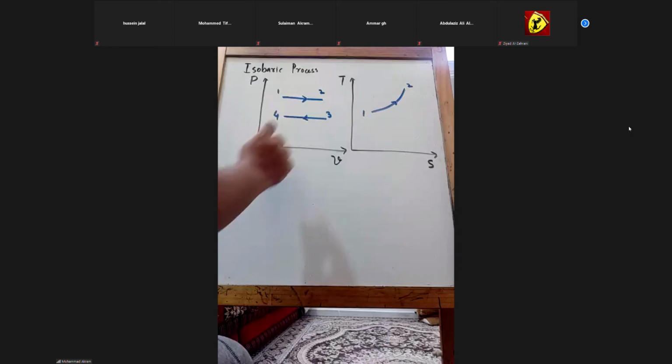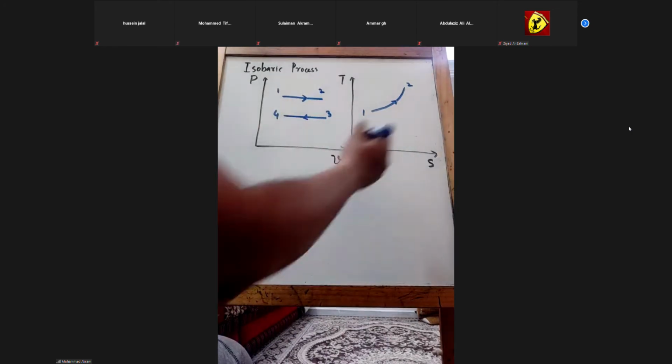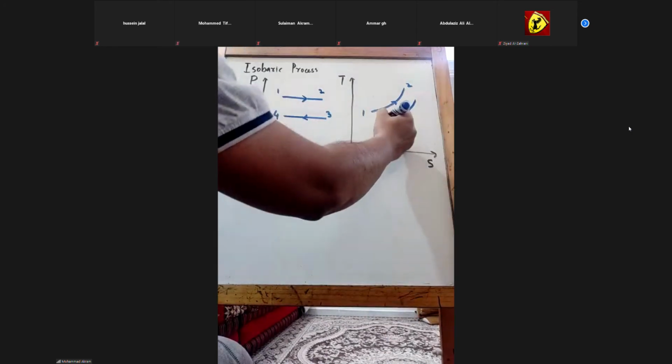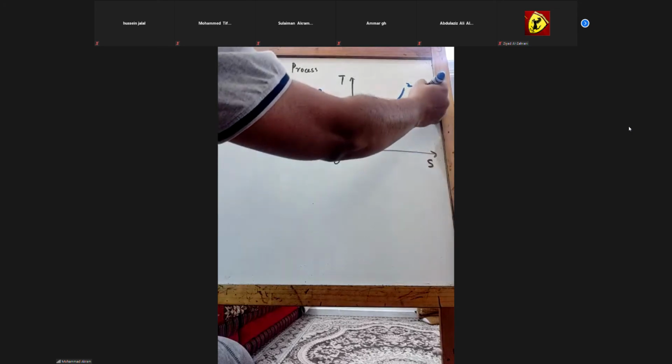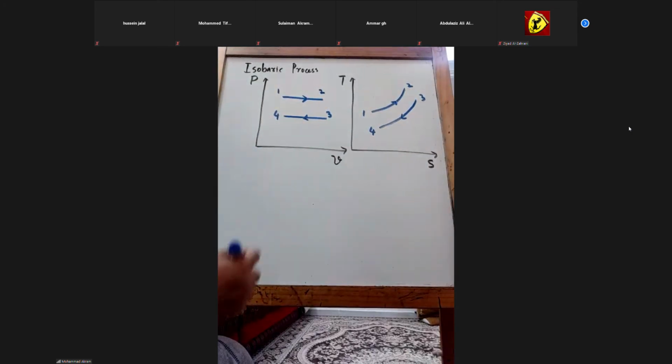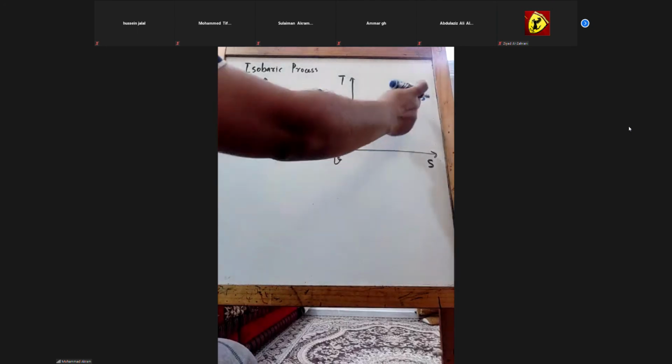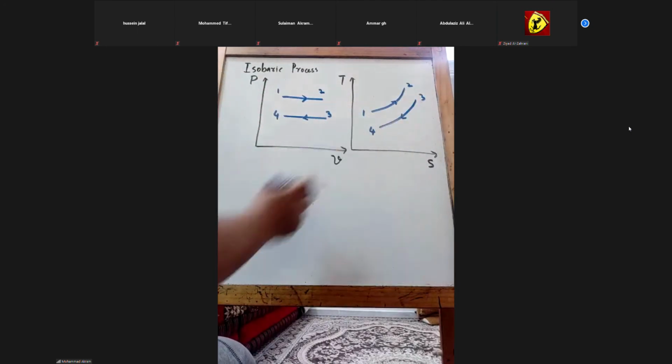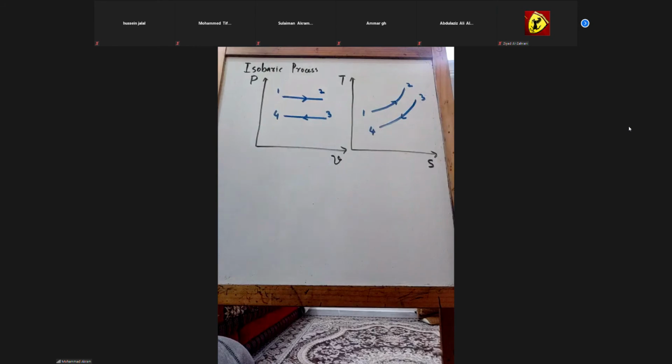Okay. Now we want to do 3 to 4. So we may have 3 to 4 like this. 3 to 4 is cooling, so temperature is decreasing and entropy is also decreasing, right? Disorder is decreasing because cooling means it is bringing the molecules back closer.